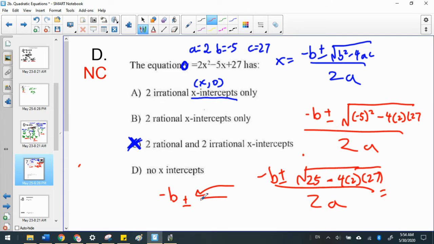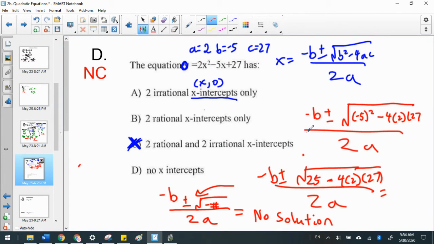And if you're taking negative b and adding and subtracting by the radical of a negative value, you'll know that automatically this is going to have no solution, because it is impossible to get a real number out of square rooting a negative value.